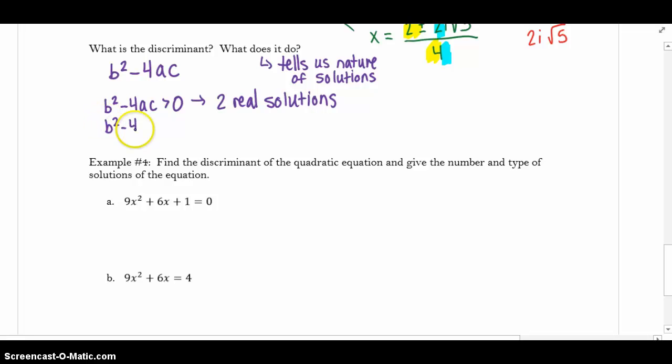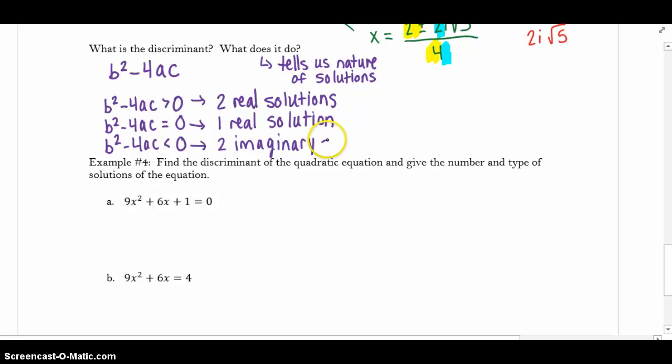If my discriminant, or the expression underneath the radical, equals 0, then it's still real, but I'm only going to have 1 solution because plus or minus 0 means the same thing. So the plus or minus isn't really important for that. And lastly, if my discriminant is less than 0, that means I have a negative number underneath my square root, and we know that means we have imaginary solutions. Alright, and specifically 2 imaginary solutions.